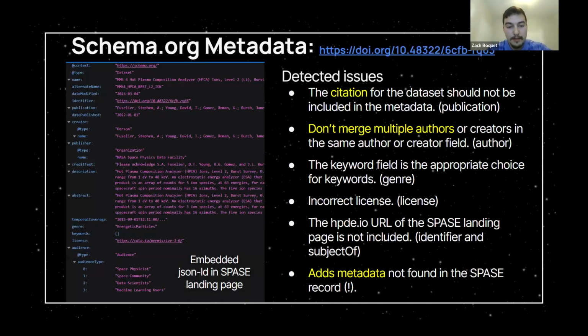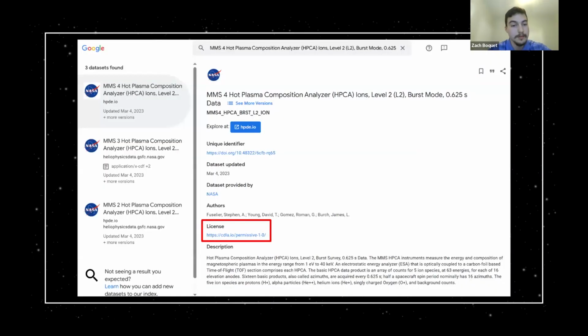And after analyzing this JSON in terms of the group's expertise, as well as Google's Dataset metadata guidelines, we did detect a few issues that we were hoping to resolve, including the citation being included in the metadata, all the authors being within one single string. The license here is incorrect, and there's metadata in here that's not found in the actual SPACE record. So looking to improve this.